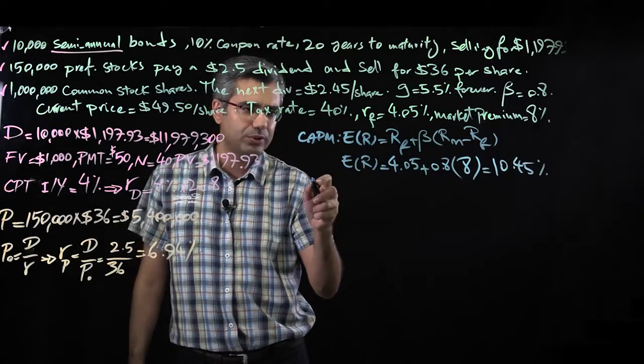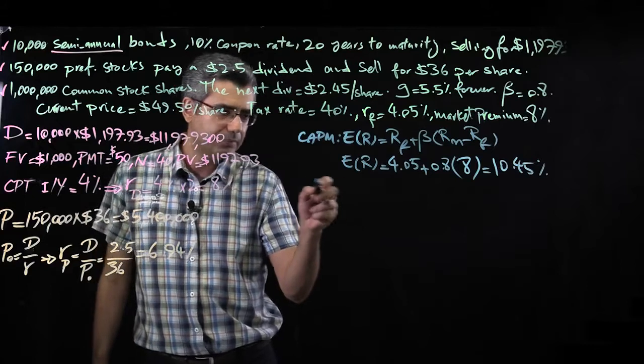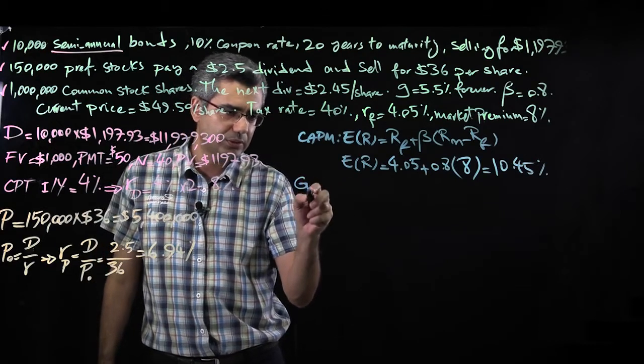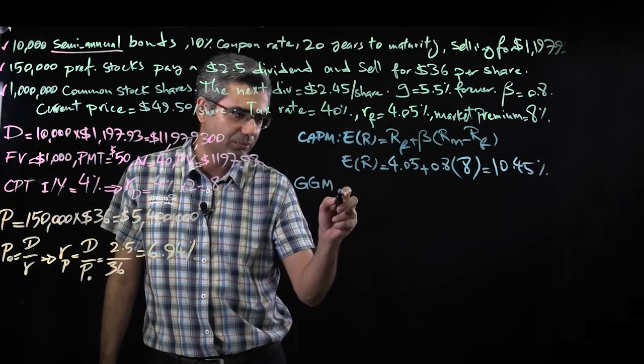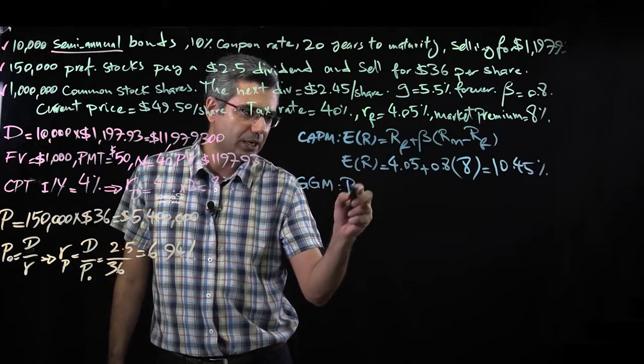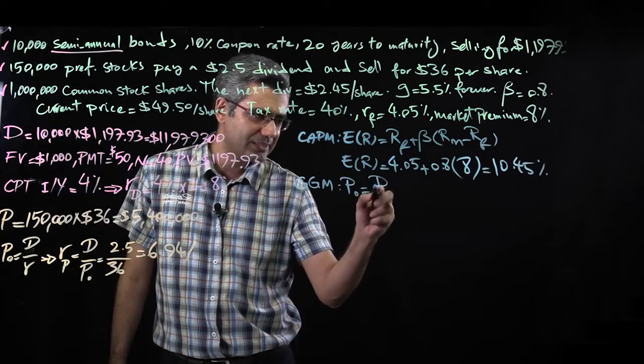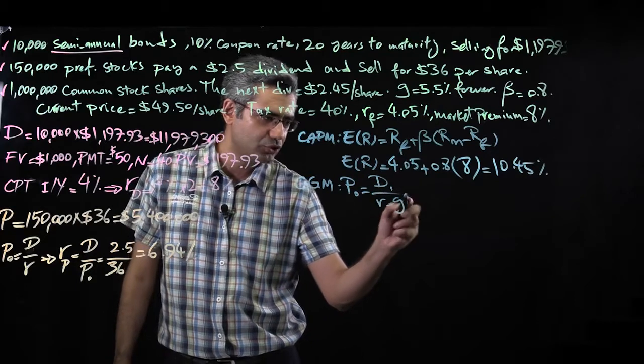Now let's use the second model, the Gordon growth model. Price was next dividend divided by (R minus G).